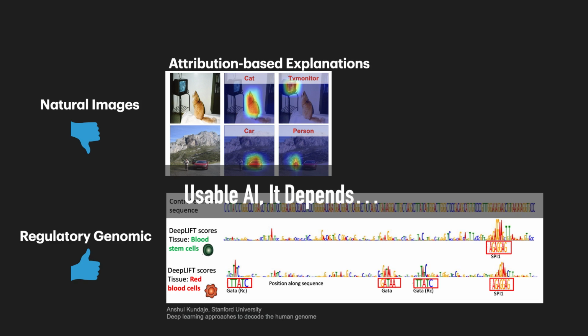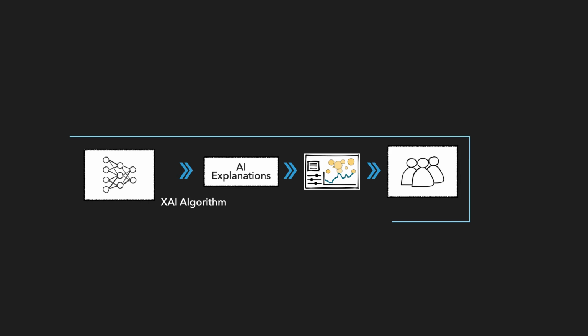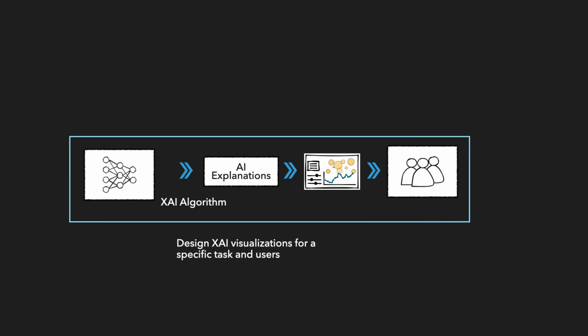In other words, which explanations work or do not work is extremely data type and application domain specific. Therefore, when designing visualization tools for domain users, we should not just visualize the results of one specific explanation, but consider the user needs, the usage context, and the type of explanations all in the design process.